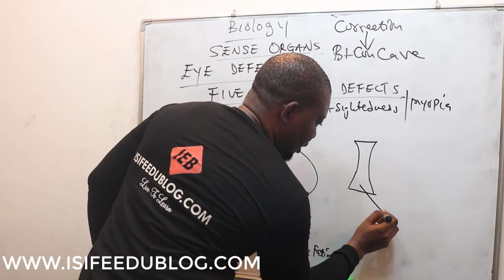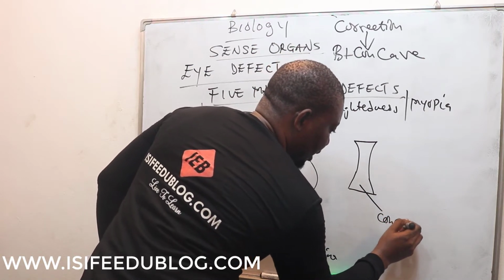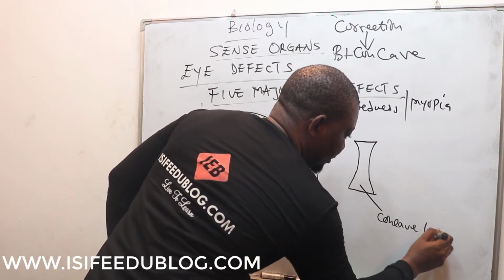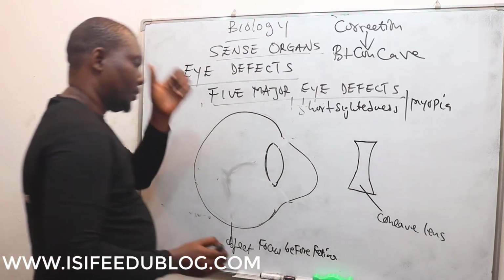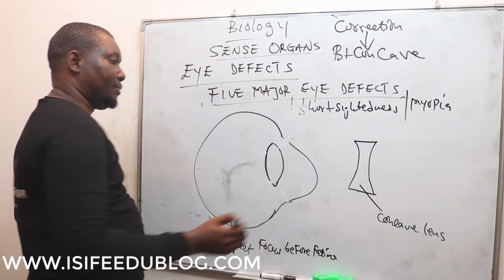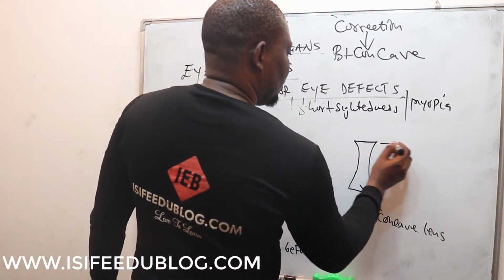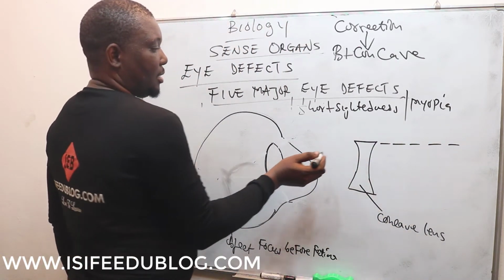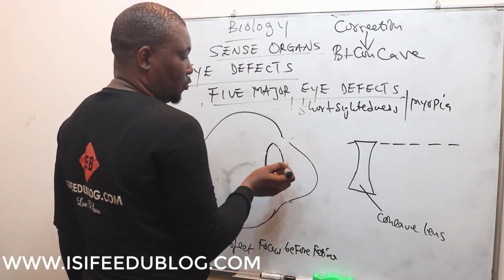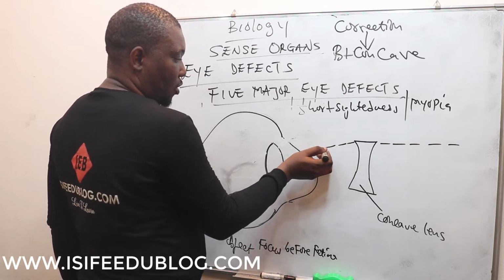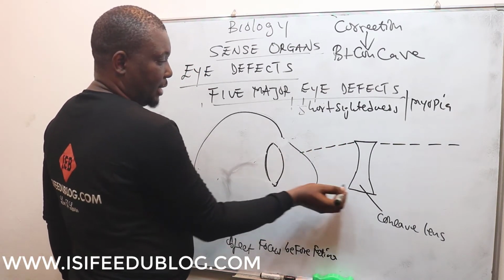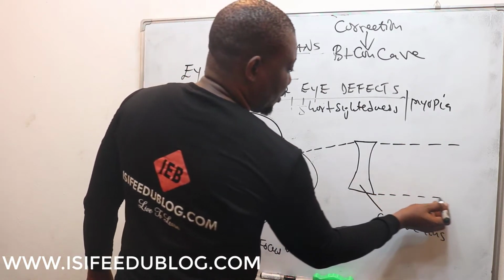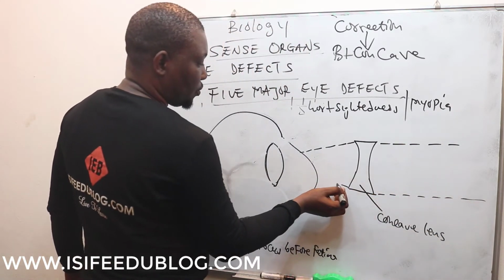This is a concave lens. So that if this concave lens is here, light coming from this far distance is curved a little bit, and light coming from this direction is also curved.